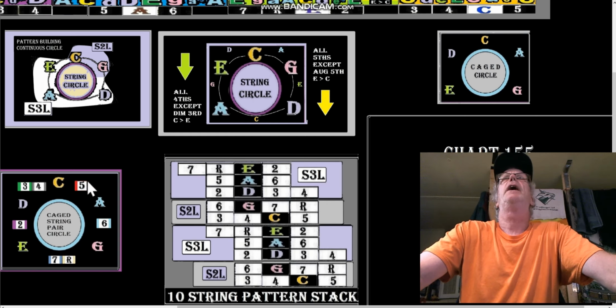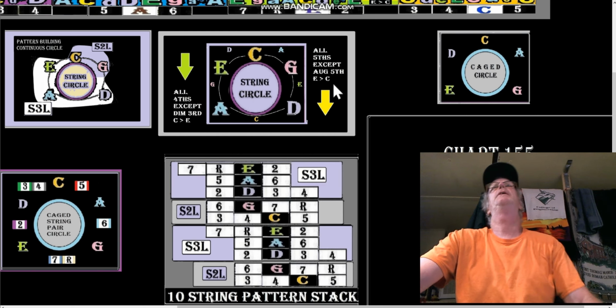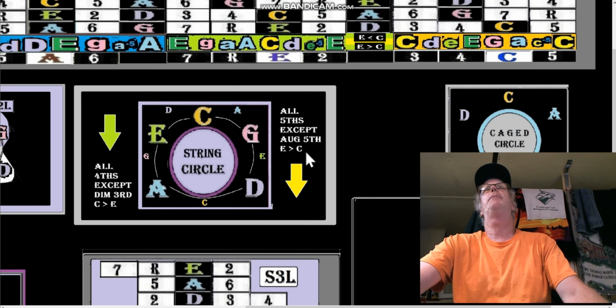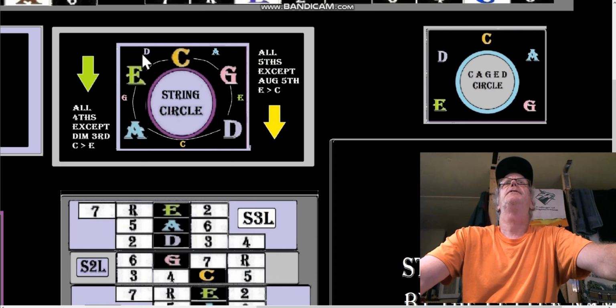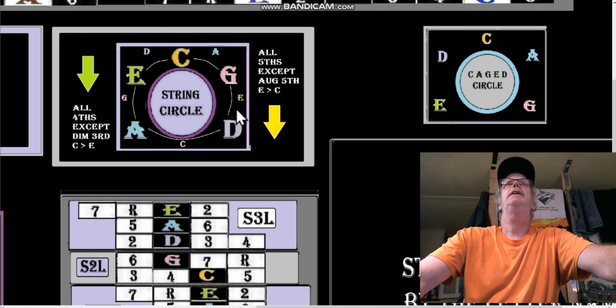Now this little diagram over here, you know this is CAGED over here. C-A-G-E-D, and I forgot to mention, I jump around a lot, but I'm sorry about that. C-A-G-E-D.